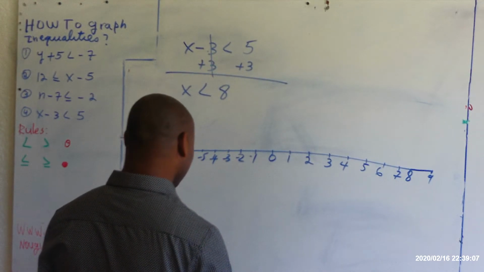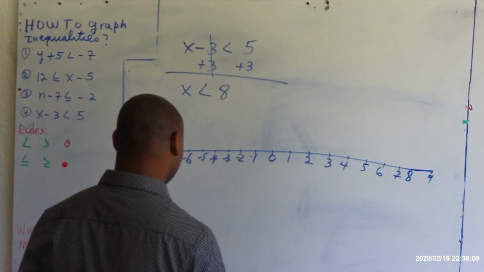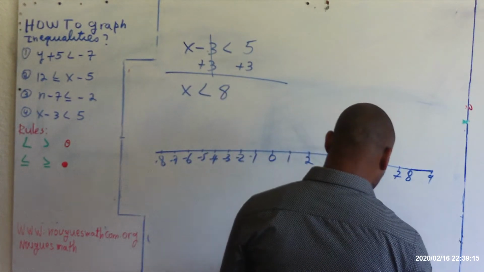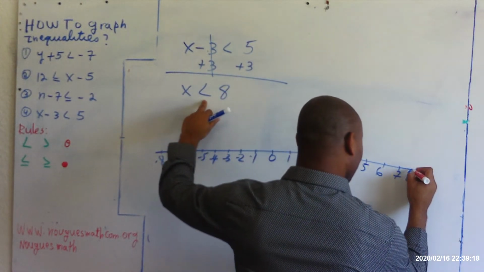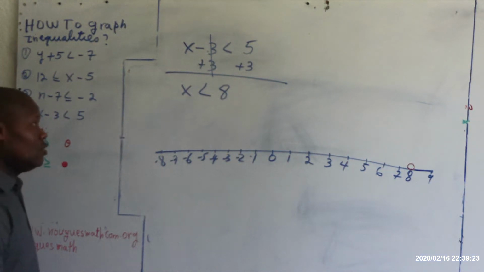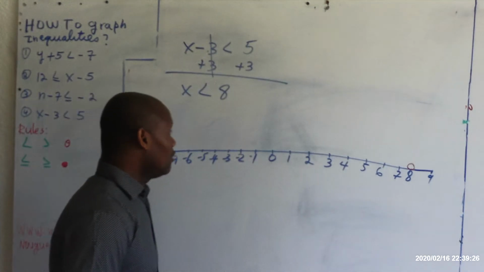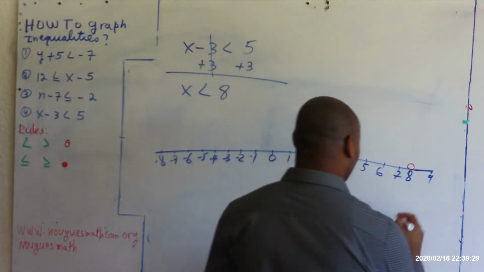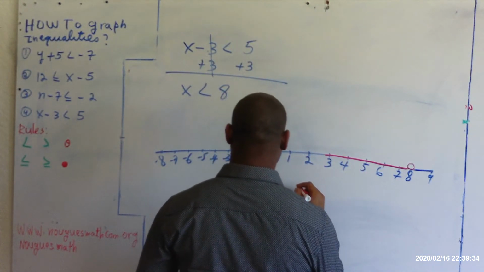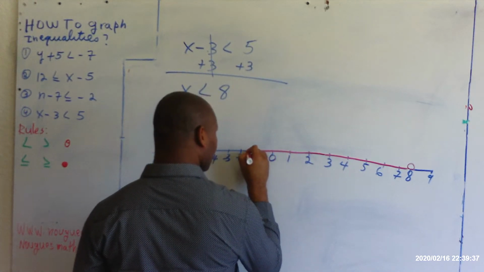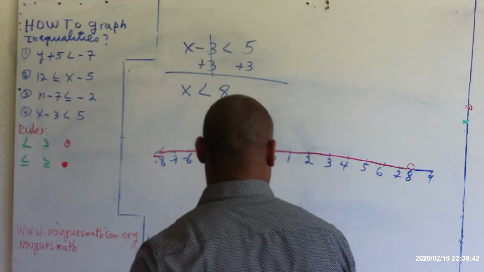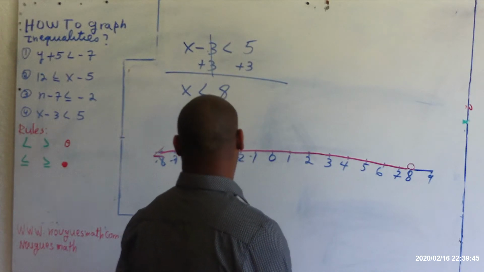We have x less than 8, so we're going to put 8 right here with an open circle, because it's less than 8, not less than or equal. Less means go to the left. So we go to the left. You can go all the way down, no problem. Very nice. That's it.